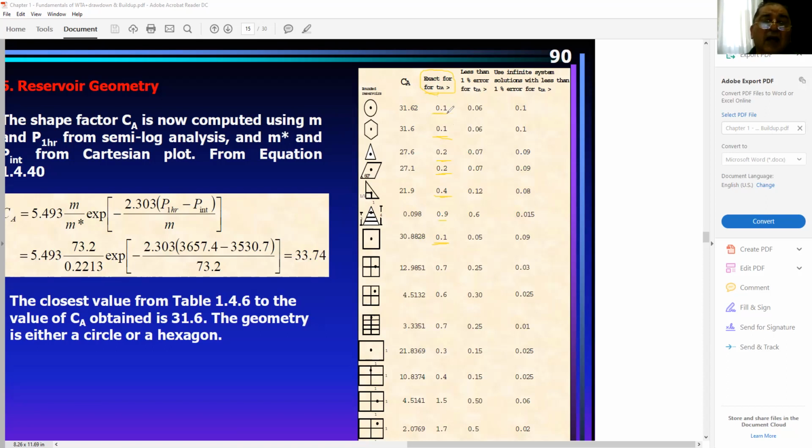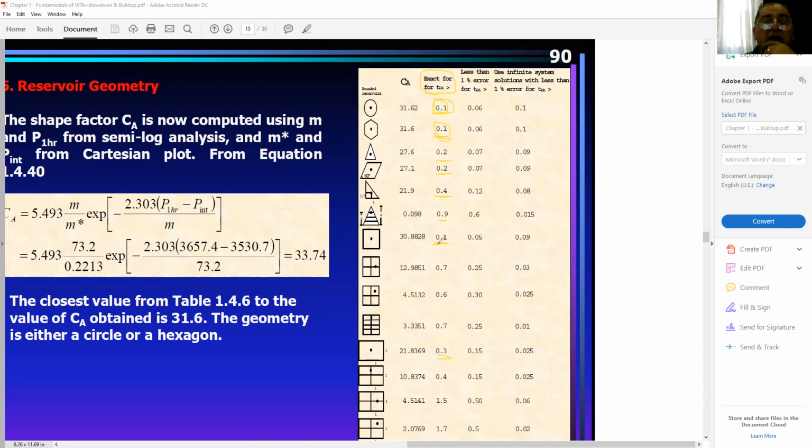Here is TDA taken from this table. So if the question says you have a circular drainage area, your TDA for pseudo steady state is 0.1. If the question says you have a rectangular shape, you can go to this 1, 2, 1, 2 rectangular shape.